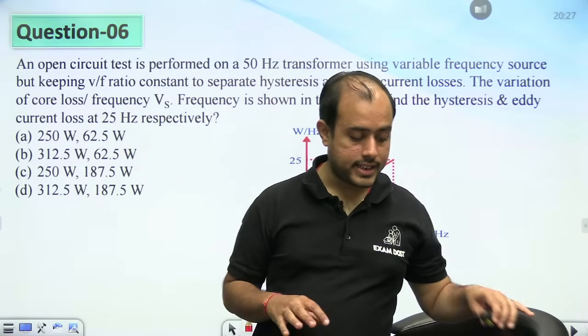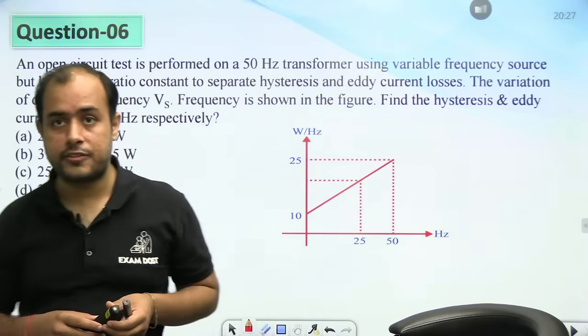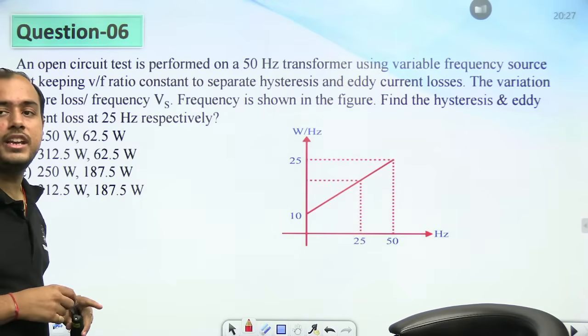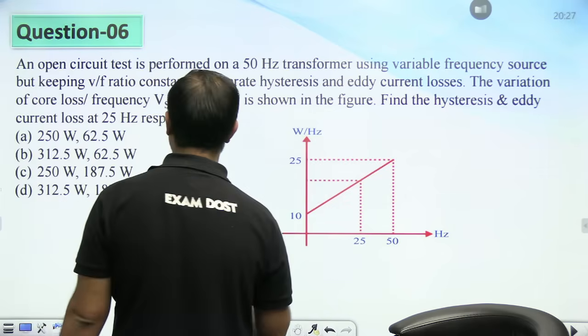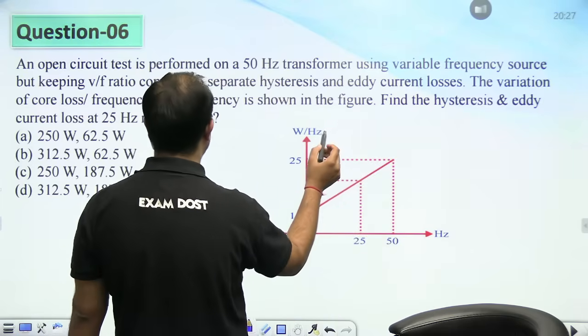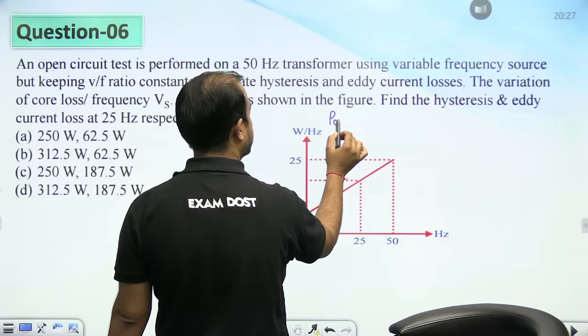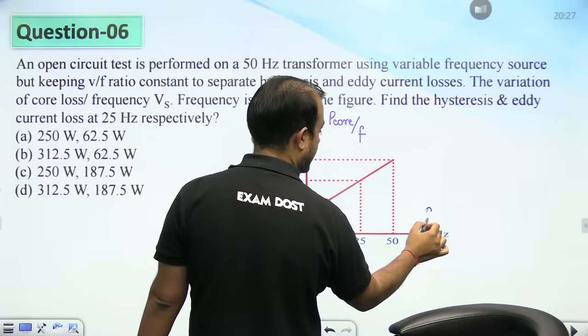An open circuit test is performed on a 50 hertz transformer using variable frequency but keeping V by F ratio constant to separate hysteresis and eddy current loss. The variation of core loss by frequency versus frequency is shown in the figure.